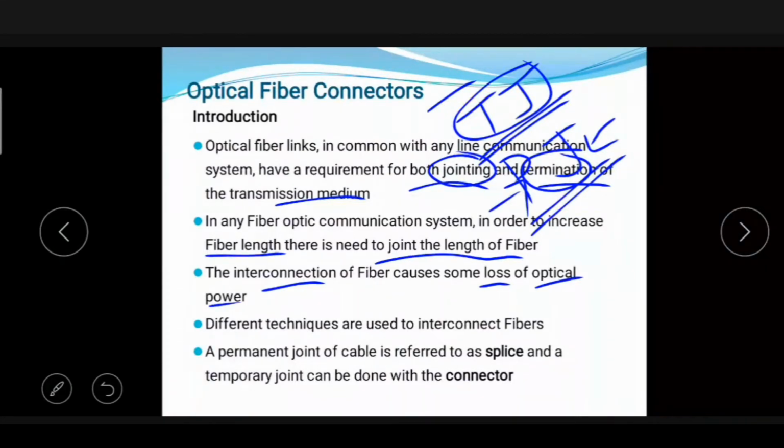Whenever an optical fiber is joined with another optical fiber, the optical power emitted from the first fiber is to be coupled into the other fiber, but whatever amount of optical power is emitted from the first optical fiber may not fully couple into the second fiber. So that results in a loss of optical power.